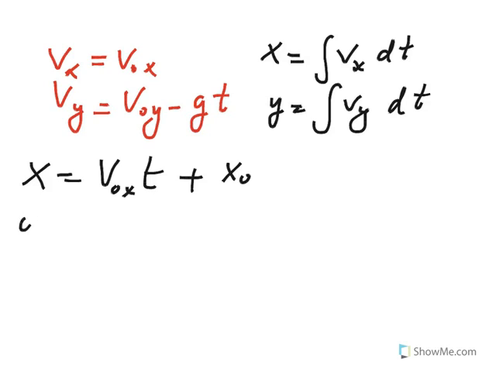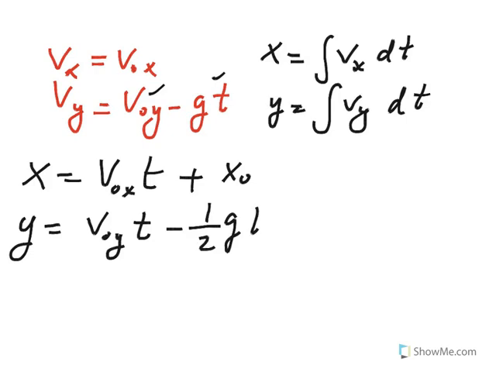We call it x0. And if you integrate v sub y, now remember v sub y is given as v0y minus gt. So actually you end up getting v0yt minus 1/2 gt squared plus a constant of integration, which is y0.